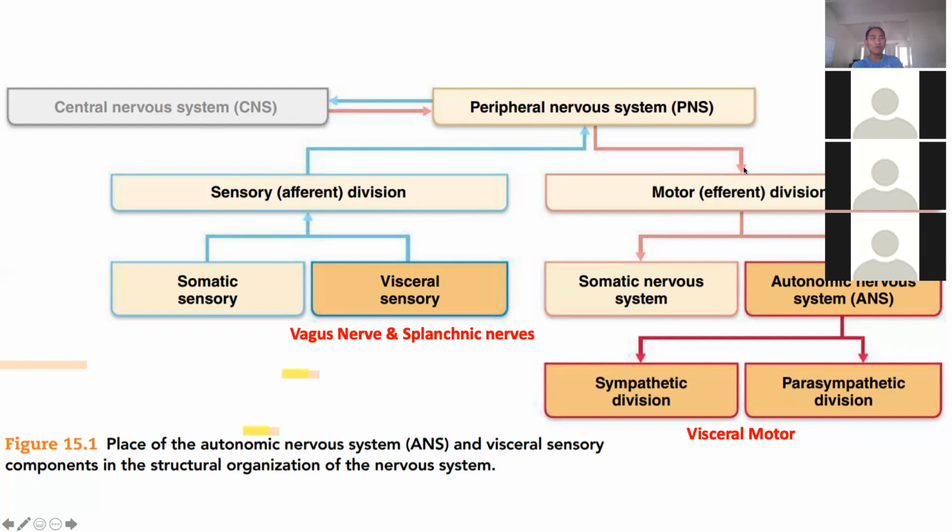We go into the motor division group, and we go to the autonomic nervous system division, and we will act accordingly via the sympathetic and parasympathetic division. Because they are supplying the visceral organs in our body, they are also called the visceral motor system.